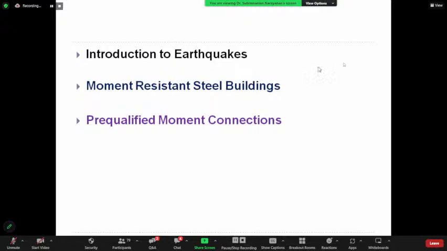In the introduction to earthquakes, I will skip quickly because all of you know it, but I have included it only for completeness' sake. Then I will briefly talk about moment-resistant steel buildings, and then prequalified moment connections, which are introduced in the AISC code.